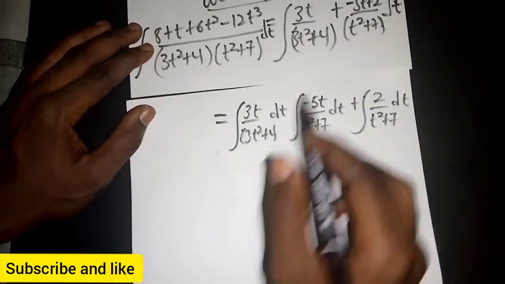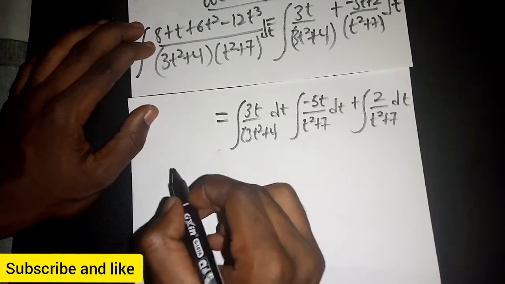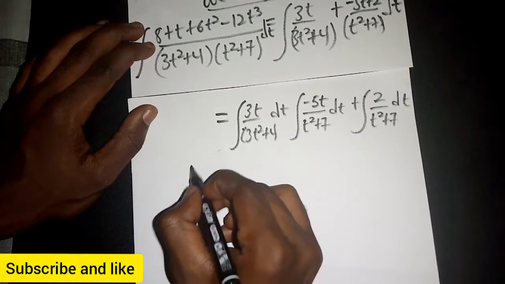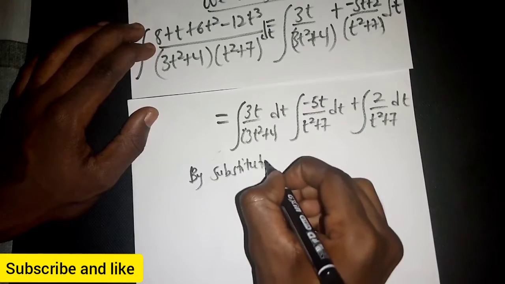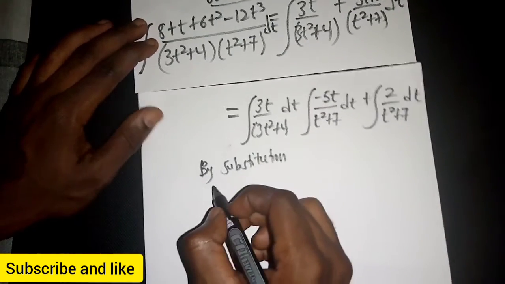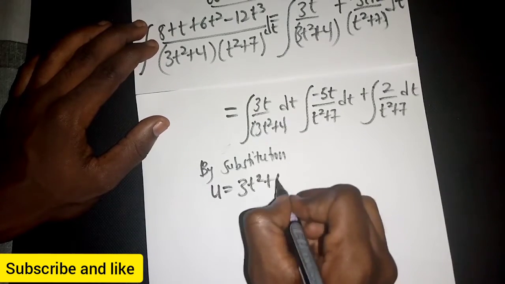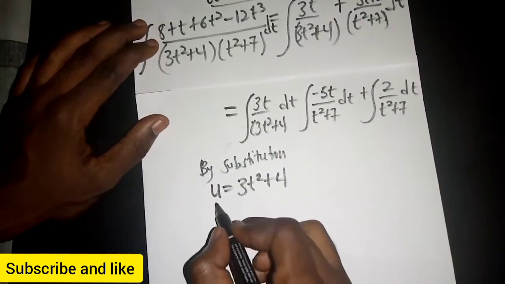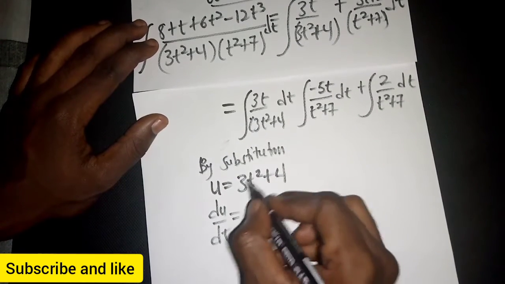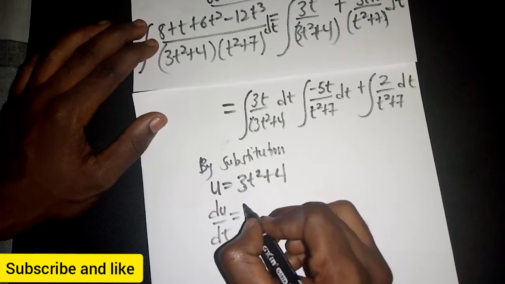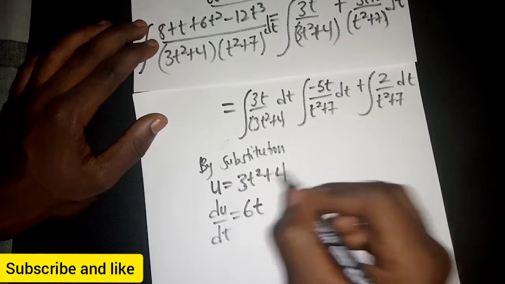Now from here we apply the substitution method. By substitution, we say let u equal 3t squared plus 4 for this part, so that du/dt will be equal to, differentiating this, 2 multiplied by 3 is 6, then we subtract 1 from the power, which is just t, and the constant goes away.